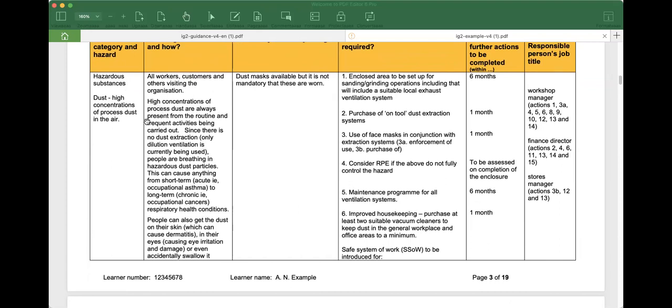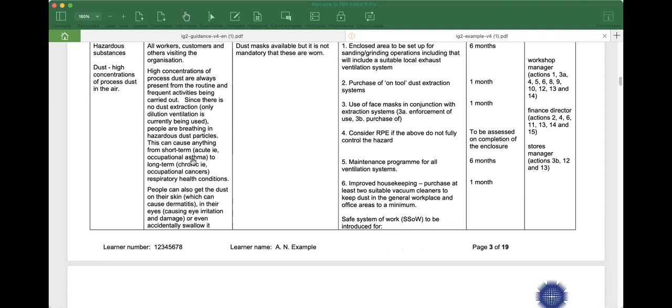High concentrations of processed dust are always present from the routine and frequent activities being carried out. Since there is no dust extraction, only dilution ventilation is currently being used. People are breathing in hazardous dust particles.